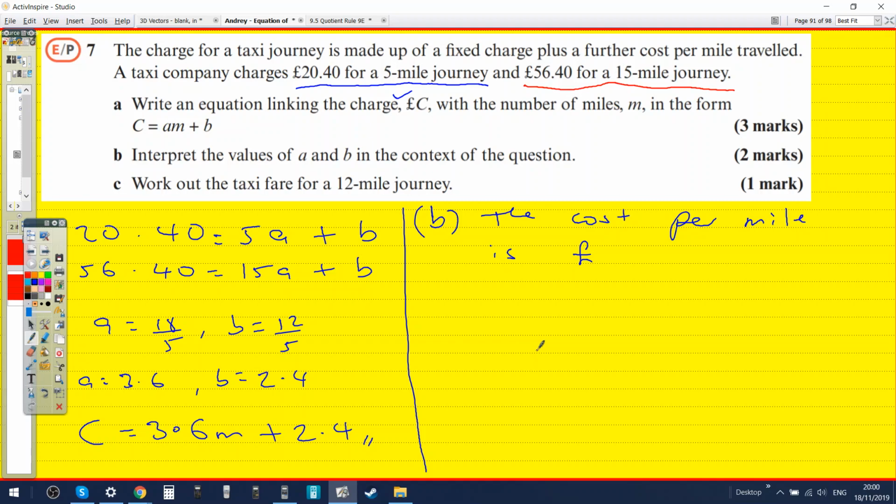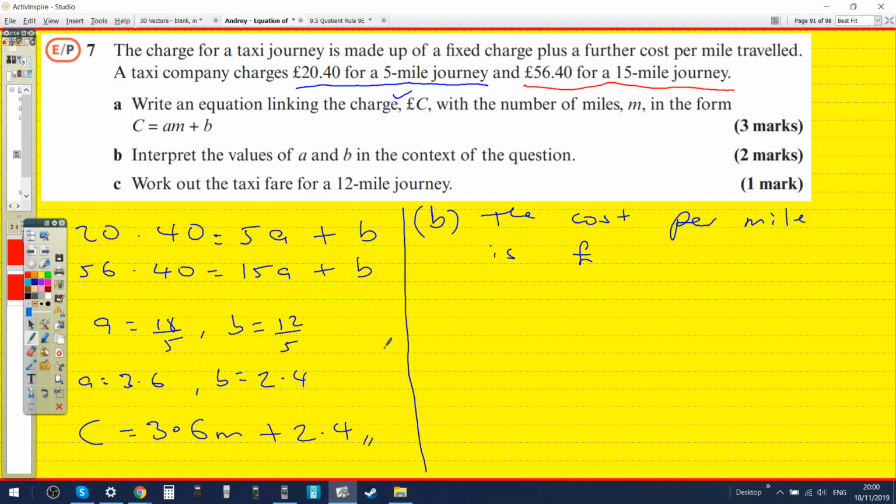So how much would it cost for 0 miles? 0. No. If M was 0? 2.4. Yeah.